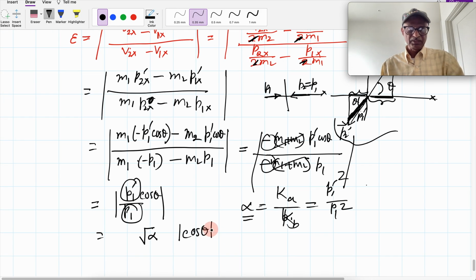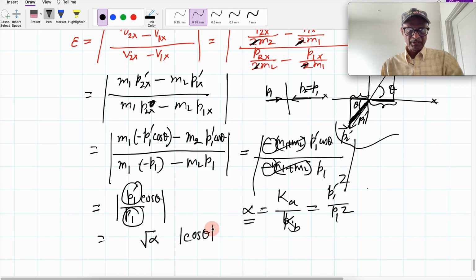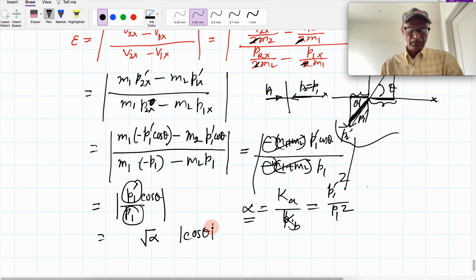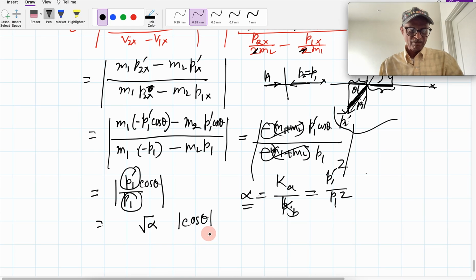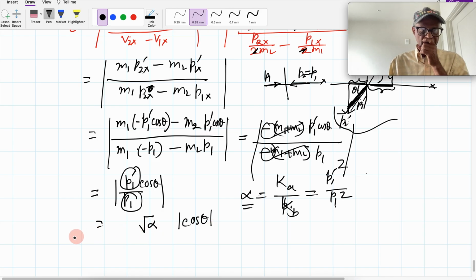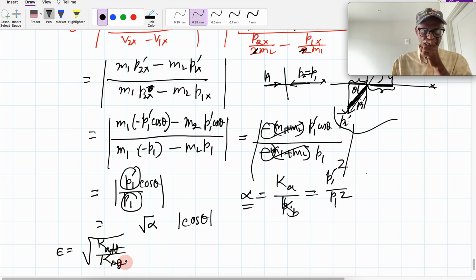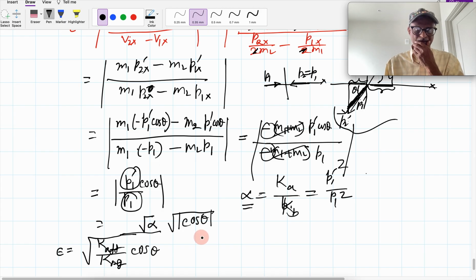So epsilon is the square root of kinetic energy after over kinetic energy before, times cosine theta. This will be a square root also, yeah, it's inside. No, this is not a square. This is outside.